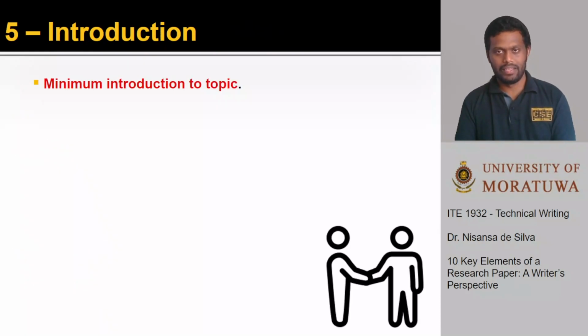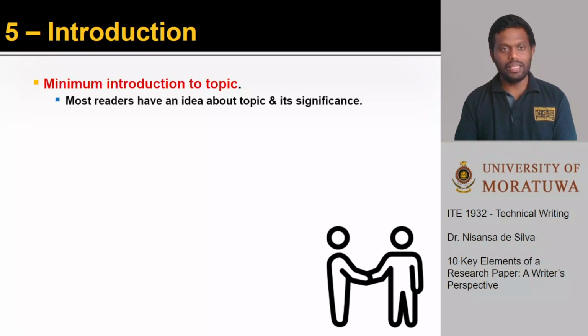The fifth item of consideration is the introduction. The introduction is not a chapter of a book. So you need to keep it focused. Most of the readers that will be reading your paper would have an idea about your topic and its significance.